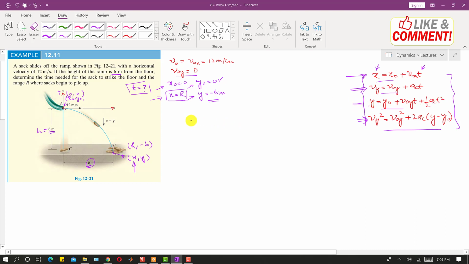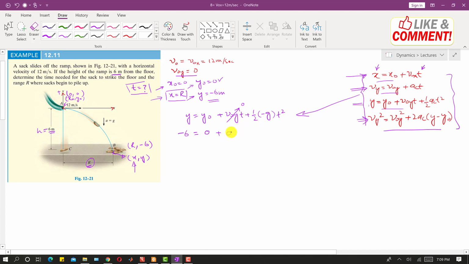So if I use this equation, y equals y naught plus v naught y t plus half a_y t squared, and the acceleration is minus g, so this is minus g into t squared. Now if we put our knowns, y is equal to minus 6, so I will write minus 6. y naught is 0, so I will put 0. v naught y is 0, so this term will become 0.